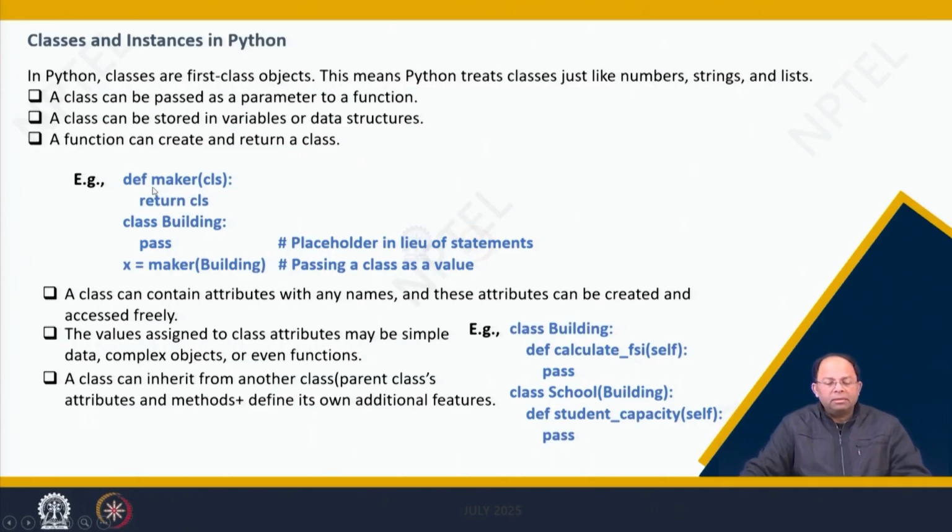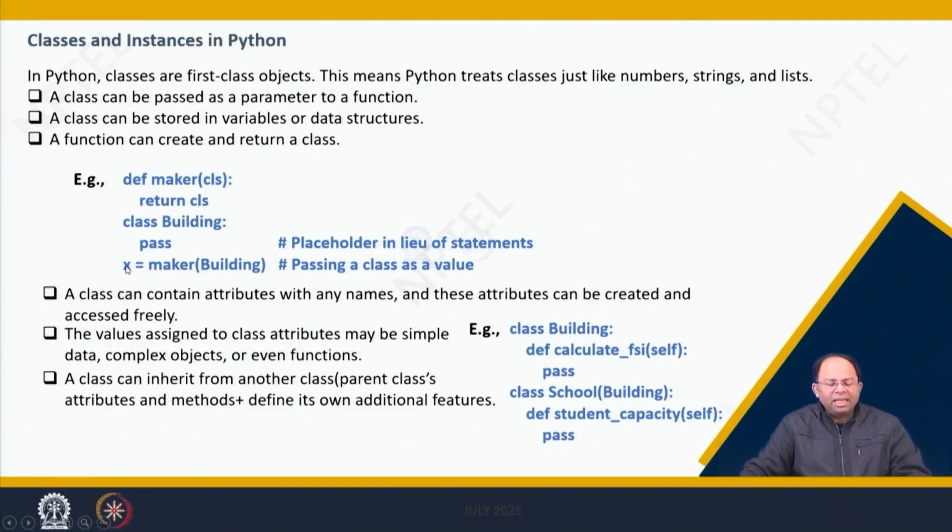Here I am calling the function maker, def maker cls. That means cls is the argument which has to be passed, and return cls means cls will be returned again. Just an example. This function actually returns whatever argument is being passed to it.